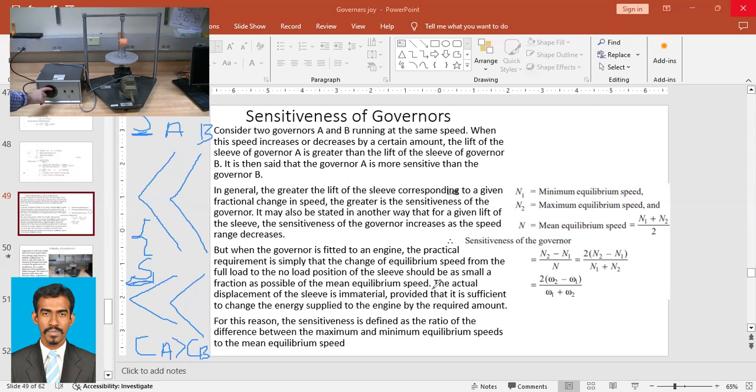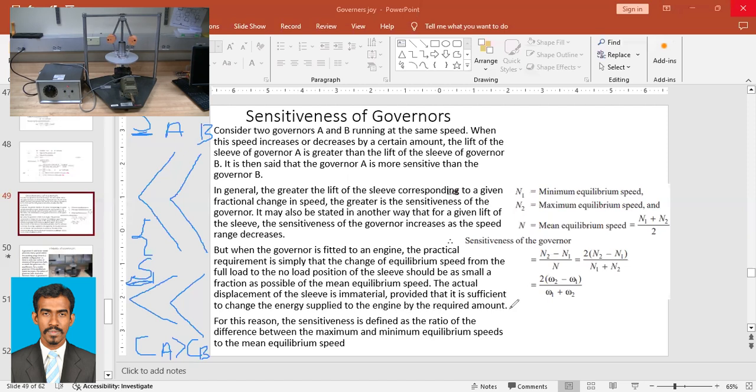We know the governor should be fitted in a compact space, so all these changes should happen within that small space. In that case, we cannot expect a large sleeve lift like this. That's a practical constraint. The actual displacement of the sleeve is immaterial, provided that it is sufficient to change the energy supply to the engine by the required amount.